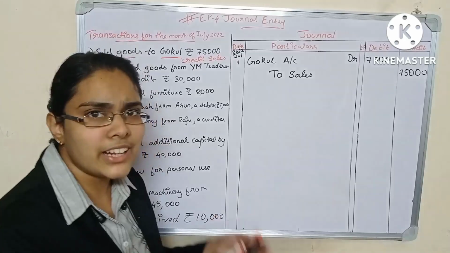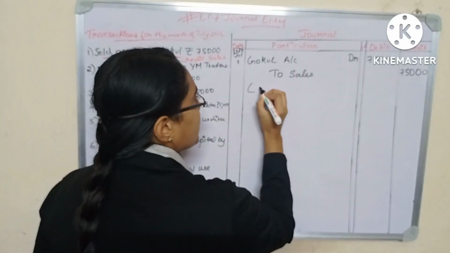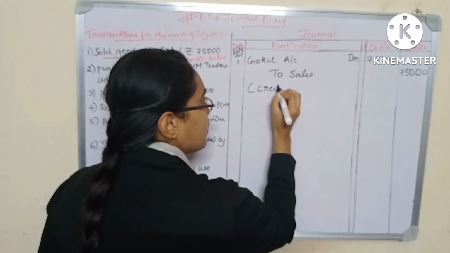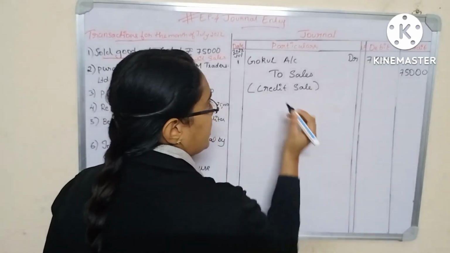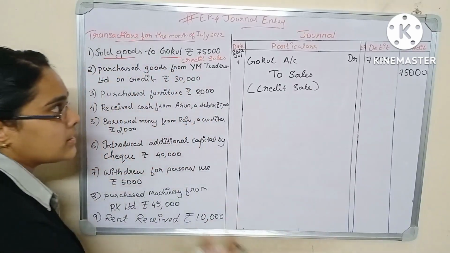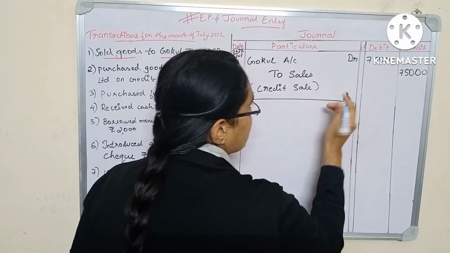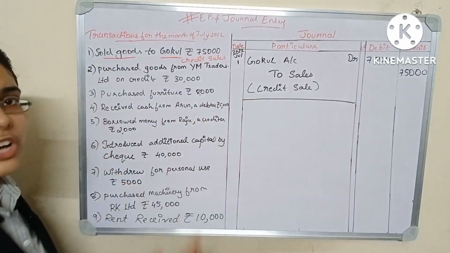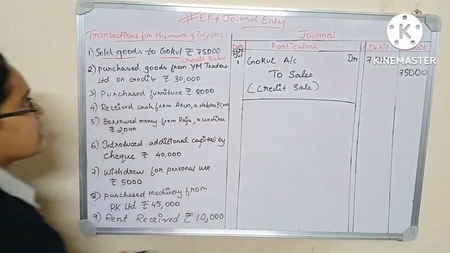You can write anything short and sweet. So here I will write credit sale, and you can close it. Then the next thing you have to do is just draw a line like this. After each journal entry you should draw a line like this. This is the first transaction.